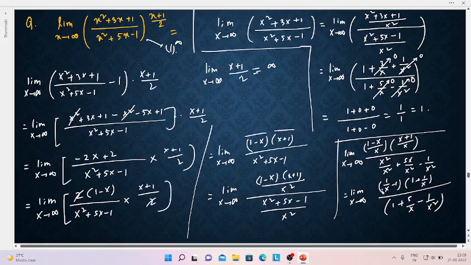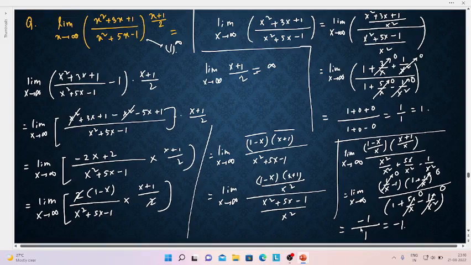As x tends to infinity, 1/x becomes 0, 5/x becomes 0, and 1/x² becomes 0. So that is (0 - 1)(1 + 0) over (1 + 0 - 0), which is nothing but negative 1.